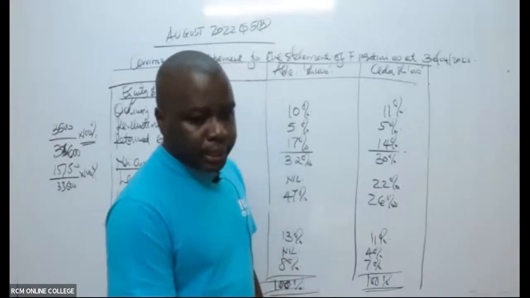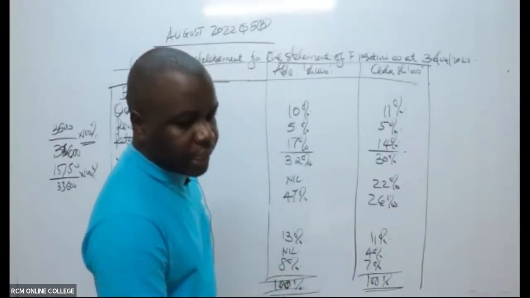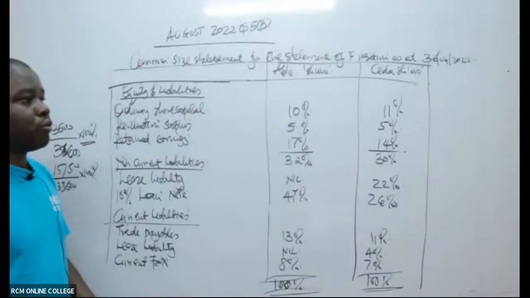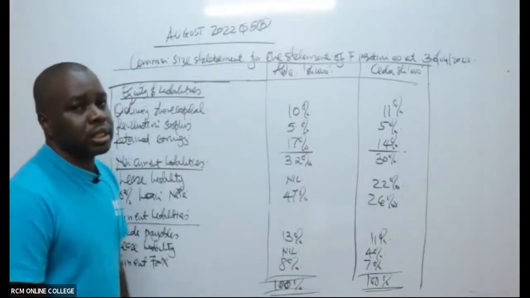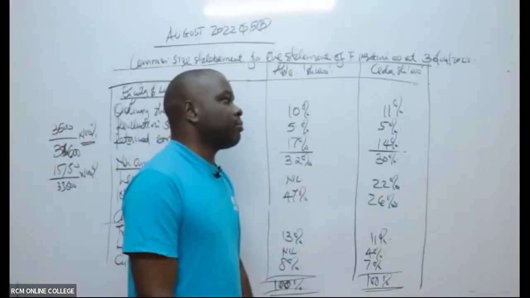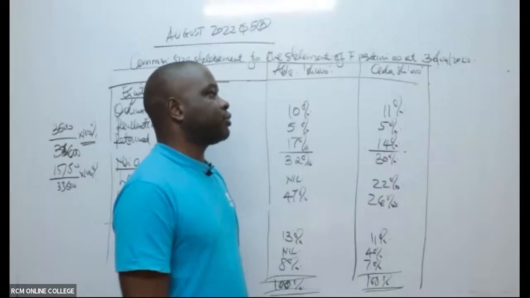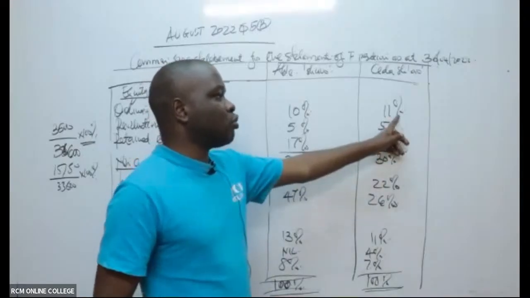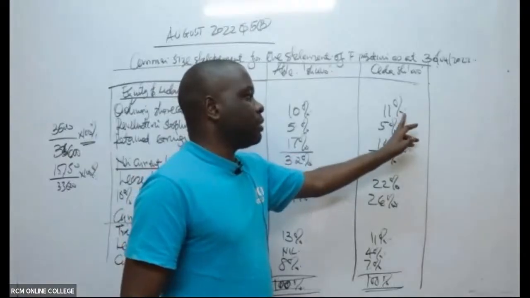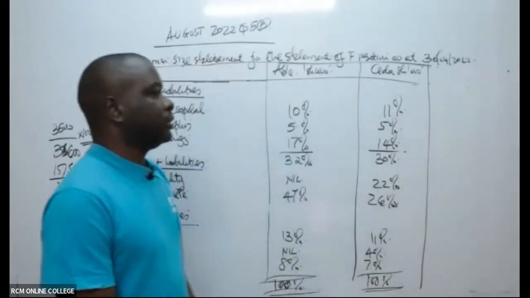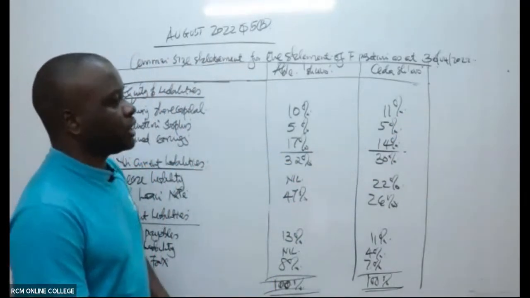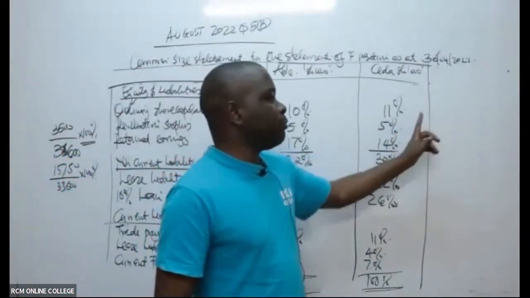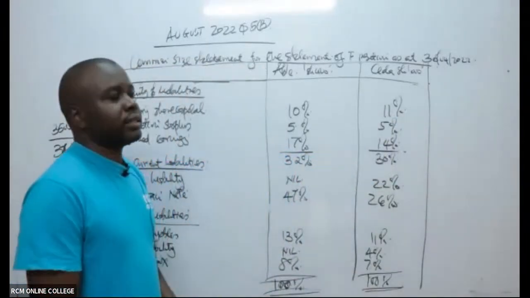So, is it right to round off in an exam situation? There's no problem rounding off in an exam situation, because some of the percentages you get might have so many decimals that you cannot write all of them here, but you can round off to the nearest figure.